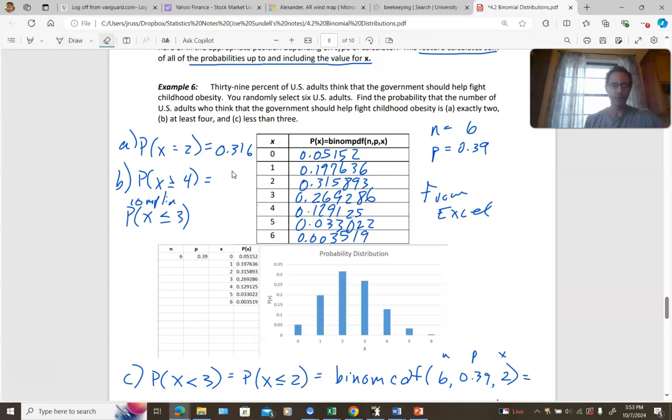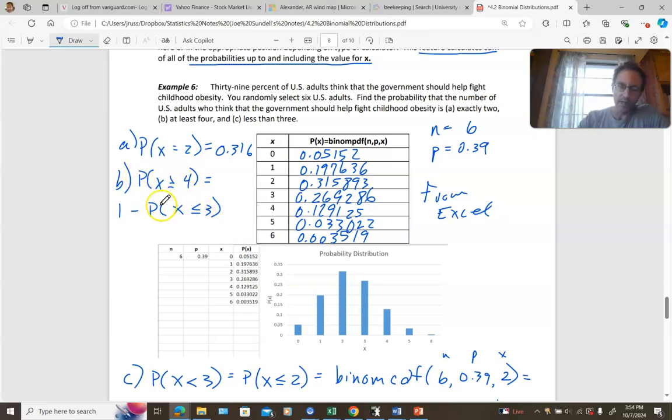Actually, maybe I should write this somewhere else. Finding the probability of x being greater than or equal to 4 is really going to be the same as finding the probability that x is less than or equal to 3 and subtracting that from 1, because this event right here is the complement of this event.